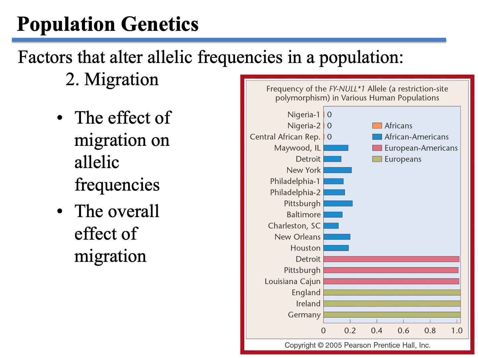In this graph, what you're looking at is the frequency of a given allele in various human populations. That allele is designated as FY null 1, and what you can see is that it is not present in African individuals. It is completely 100% present in European individuals.